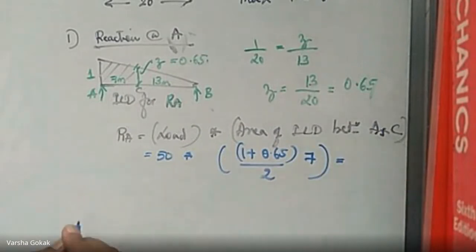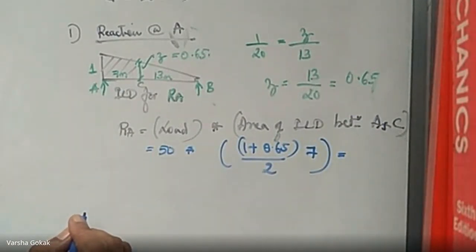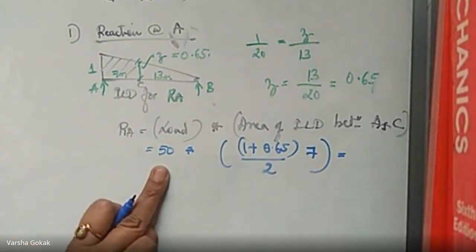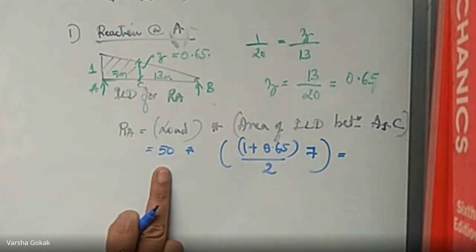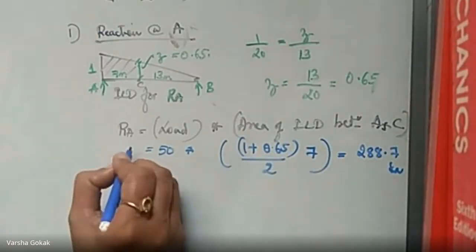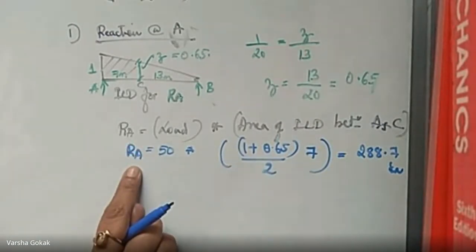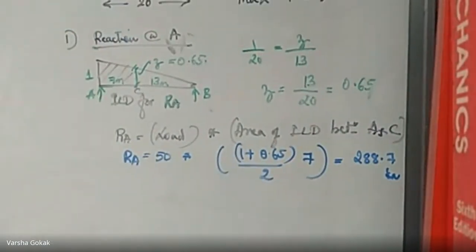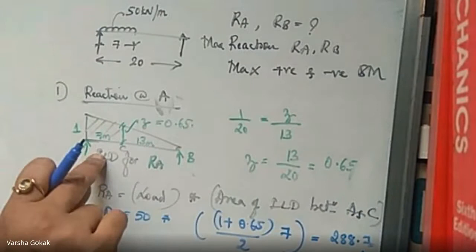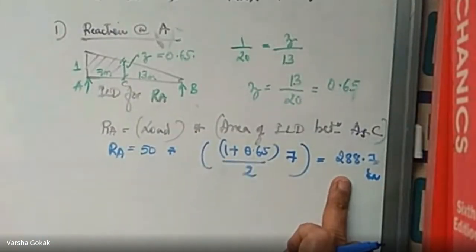So what is this value, please? 1.65 divided by 2 into 7 into 50. 288.75. 288.7 kilonewton. So the reaction value at A, when the UDL is placed like this, from the influence line diagram, is going to be 288.7.